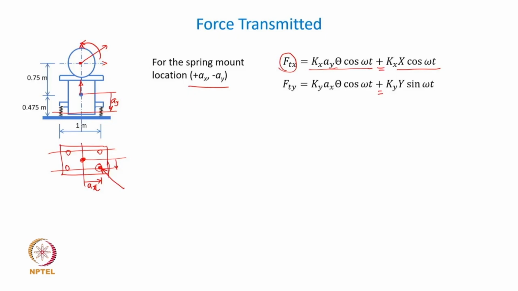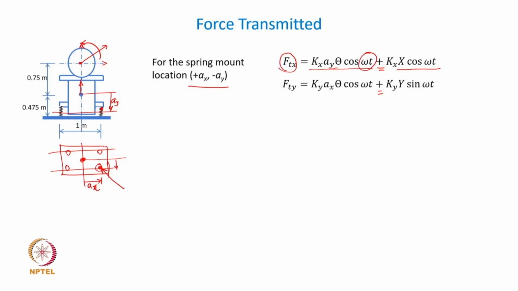Y of course is decoupled, it is going to be independent motion. Now, having obtained this Ftx and Fty, that is the force transmitted through the spring to the ground, they will be dependent on the speed of rotation of the motor. So, it is going to be a time dependent force in x and y direction, all right.